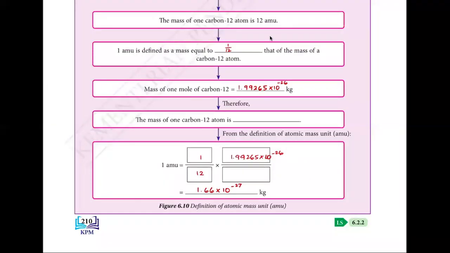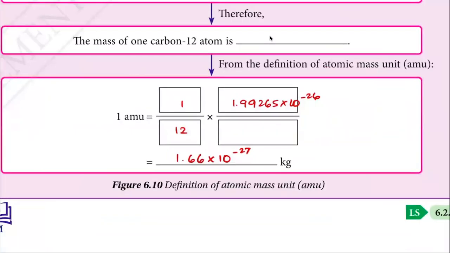Okay, the important thing here is this value, 1 AMU. That's the most important value, but you don't have to memorize it because it is given in the list of formula.